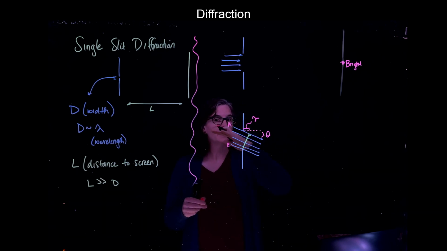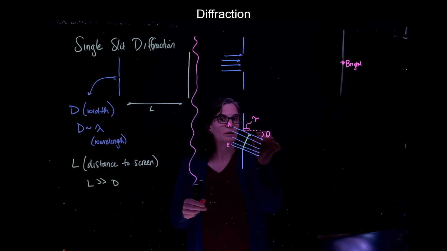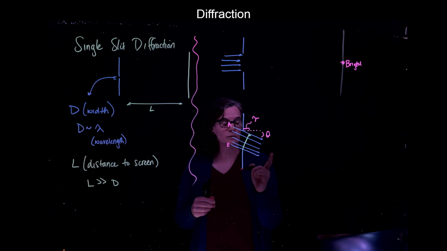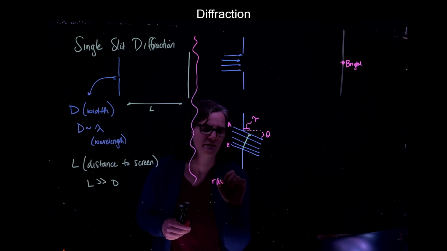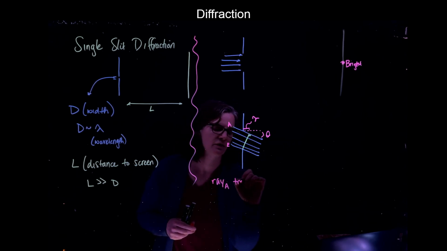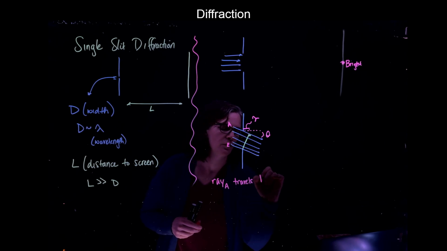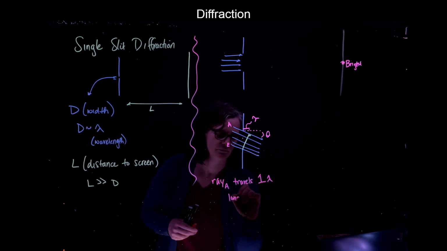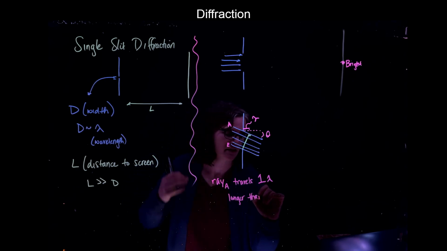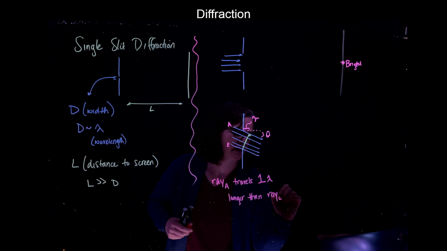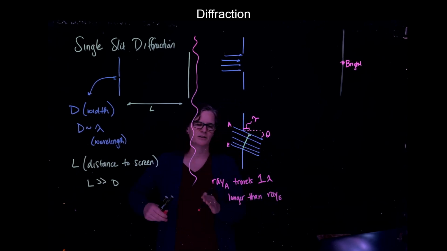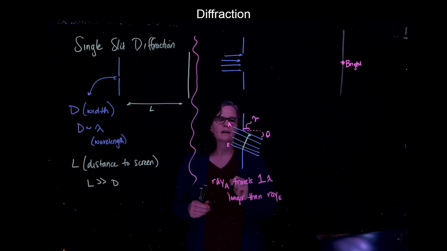So when they come in at an angle, ray A travels one wavelength more distance than ray E. Okay, so hopefully you can see that if I draw that perpendicular line.